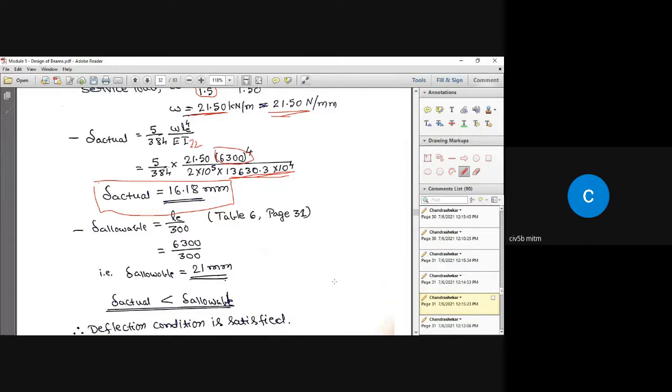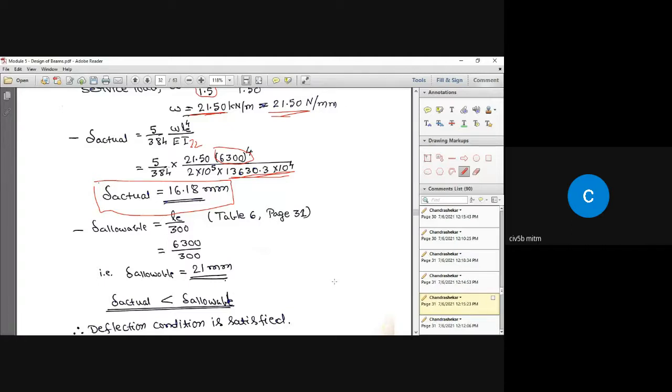Then what is the limiting or allowable deflection? Again, go to Table 6 on page 31. I explained this already in the previous class. I hope you are on page 31. If you go to the left column in the table, you see industrial buildings and other buildings. Not industrial buildings, you go for other buildings. Under other buildings, there are two kinds of deflections, lateral deflection and vertical deflection.